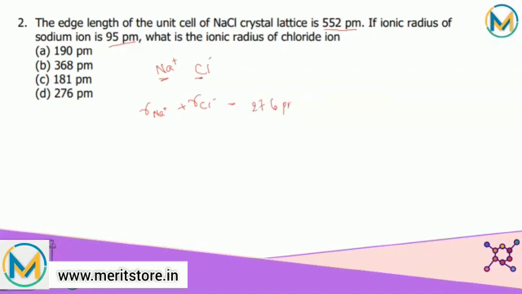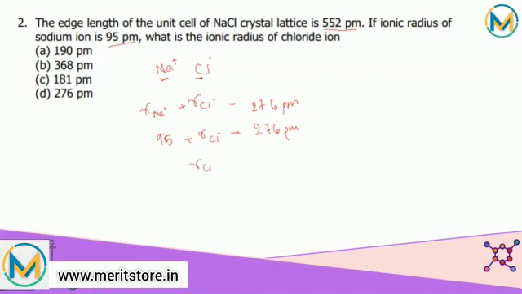276 picometer. Okay. Then we know the radius of sodium ion is 95 picometer and the radius of chloride ion is not known. So that is 276 picometer.